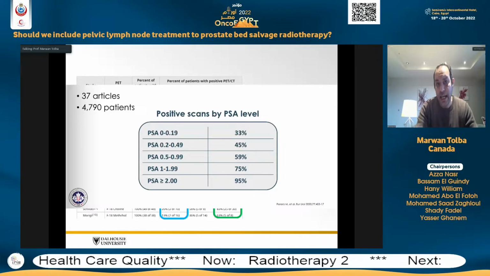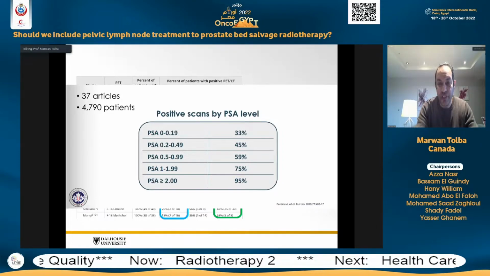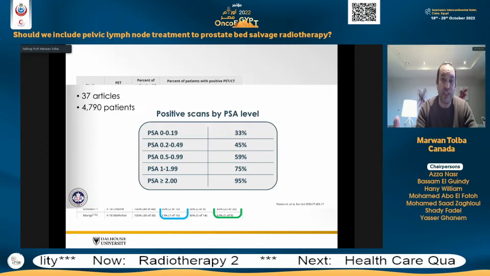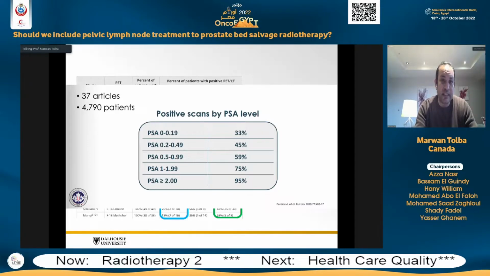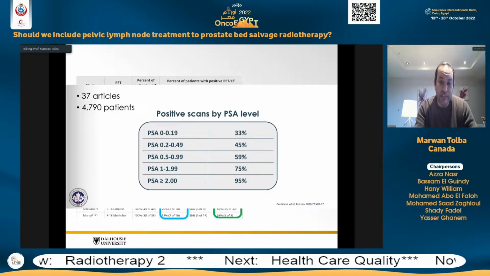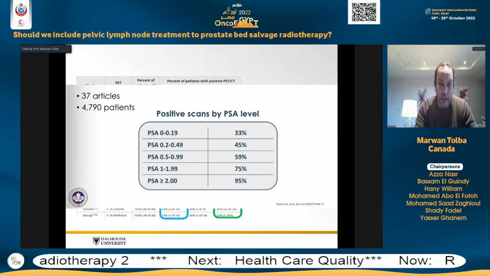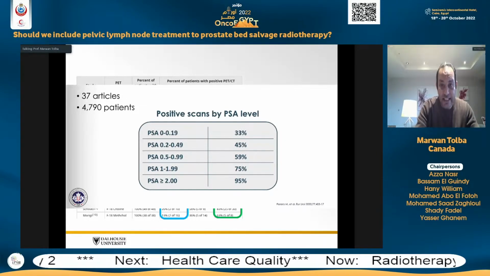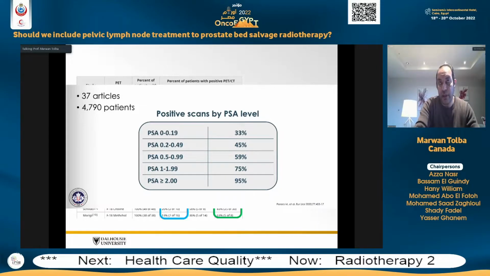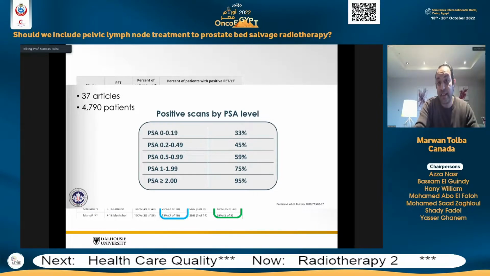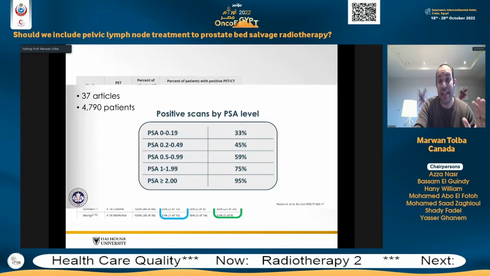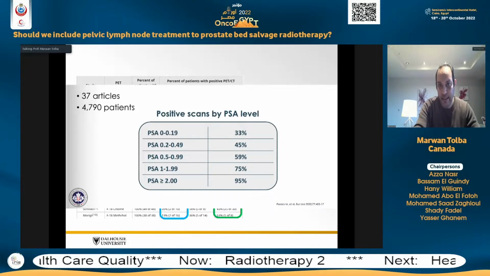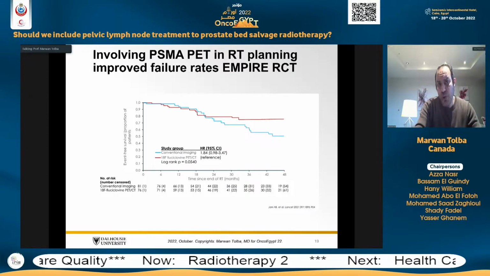If the patient has a PSA value of less than 0.2, the accuracy is about 33%. And when you are using more advanced techniques like gallium-68 or these novel scans, you are increasing your accuracy of detection of occult metastasis up to even 45% in less than 0.2 PSA.